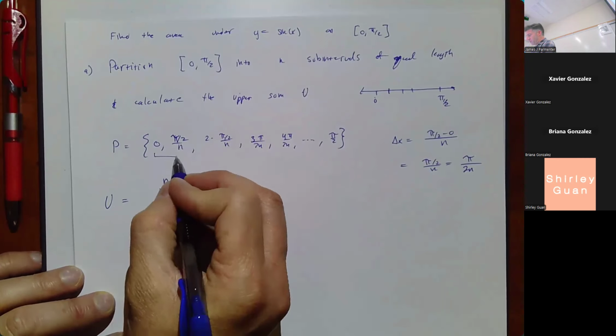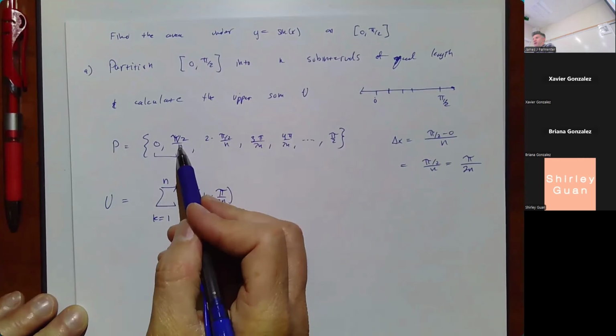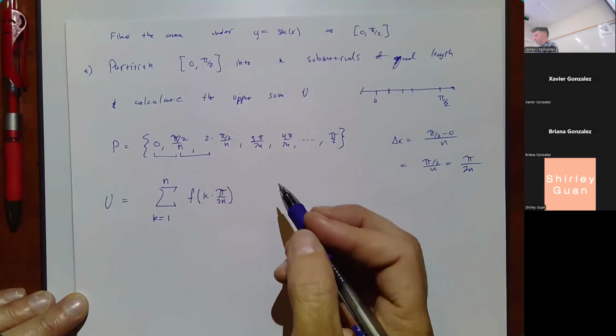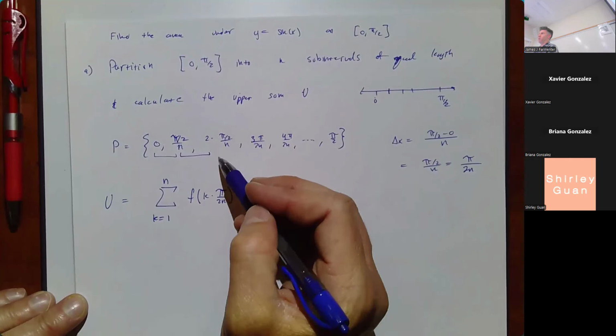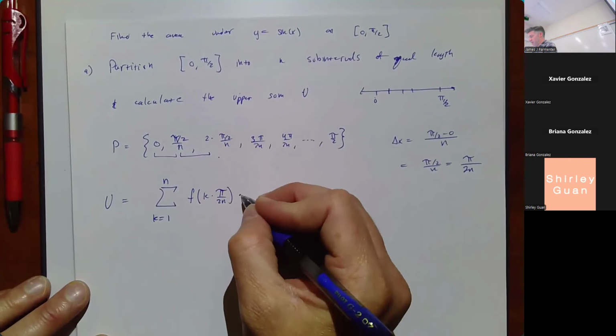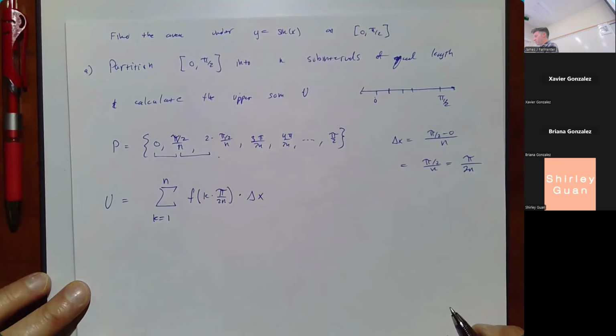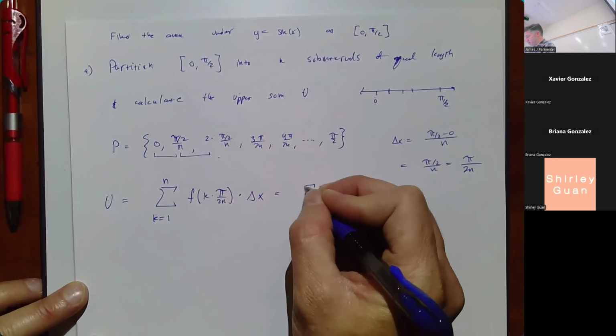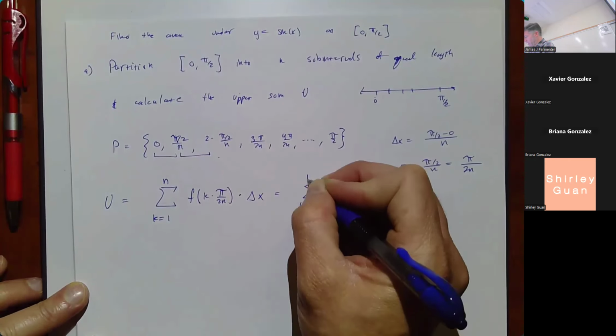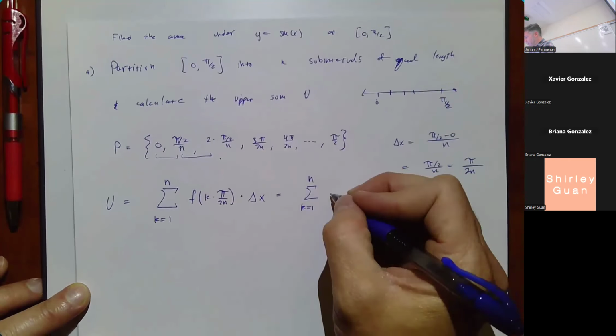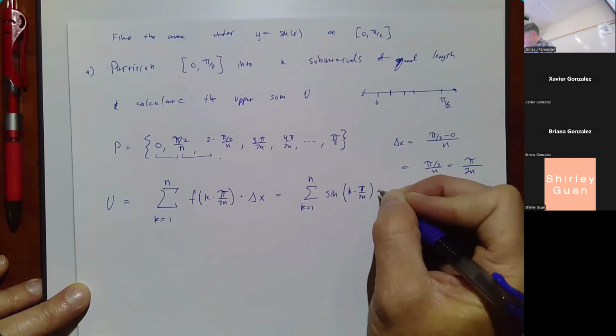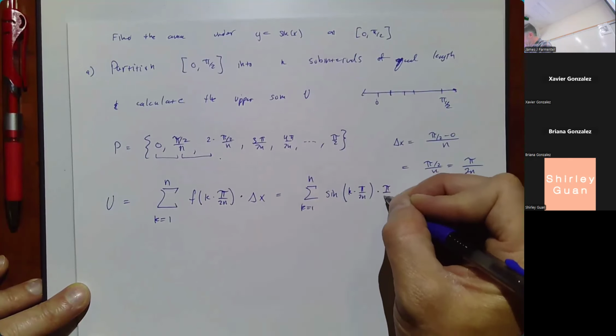For the first subinterval, the right endpoint is 1 times pi over 2n. For the second subinterval, the right endpoint is 2 times pi over 2n, and so on, times our delta x. We should write this out as the sum from k equals 1 to n of sine of k times pi over 2n times your delta x, which is also pi over 2n.